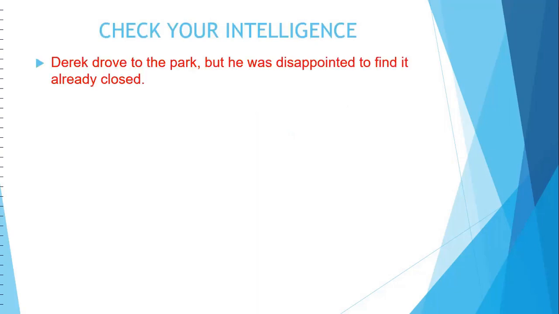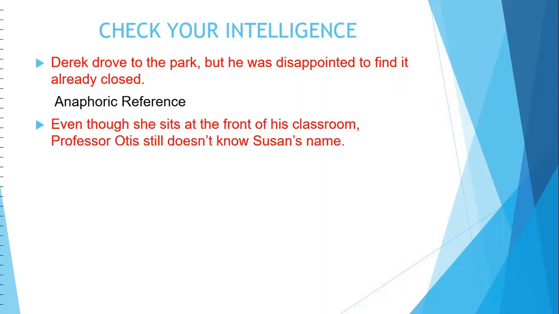Check your intelligence. Derek drove to the park, but he was disappointed to find it already closed. Identity first, reference later on: anaphoric. Even though she sits at the front of his classroom, Professor Otis still does not know Susan's name.